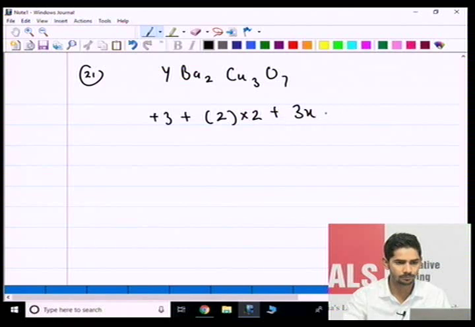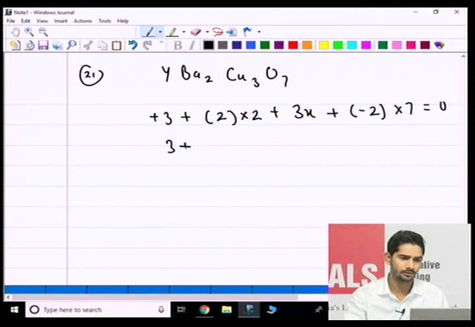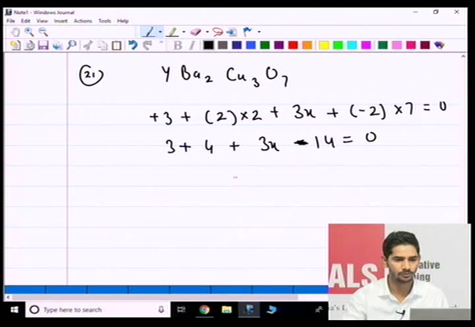So it will be +3 plus 4 plus 3x minus 14, which would be equal to 0.